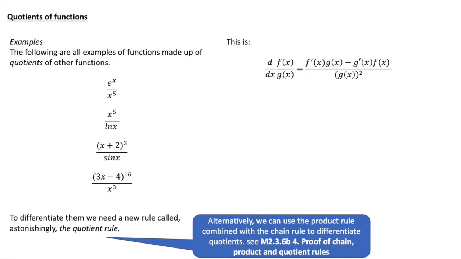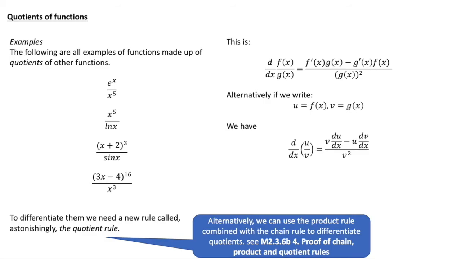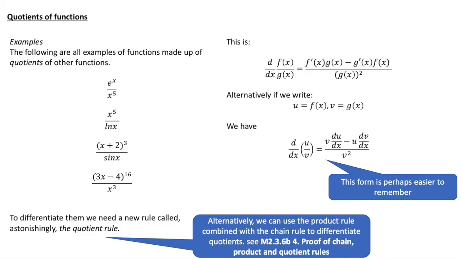And similarly to the product rule, if instead we define f of x as the function u and g of x as the function v, then the quotient rule becomes d by dx of u over v is v du dx minus u dv dx, divided by v squared, which again, some people find easier to remember.